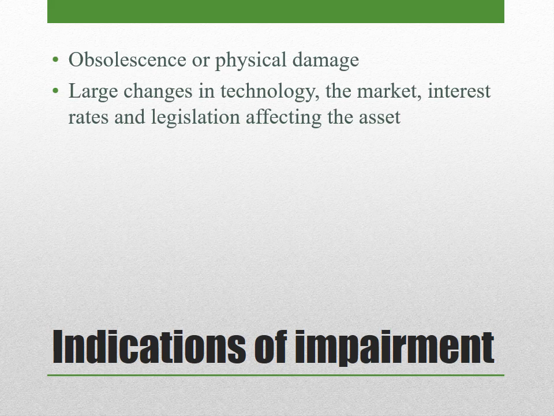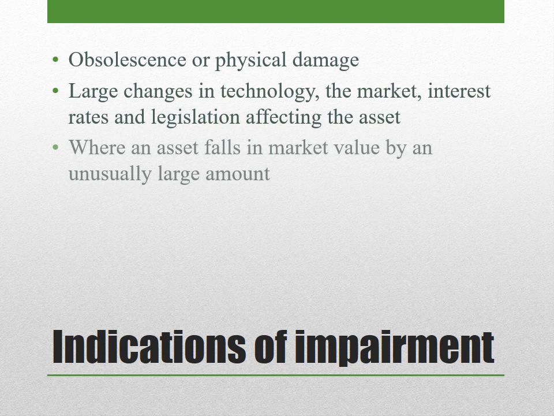Similarly, large changes in the technology being used in an industry, or perhaps the marketplace. So, for instance, if there is a property crash, we'd also take into interest rates and changes to legislation. All of these could impair particular types of assets, so we'd watch out for those.